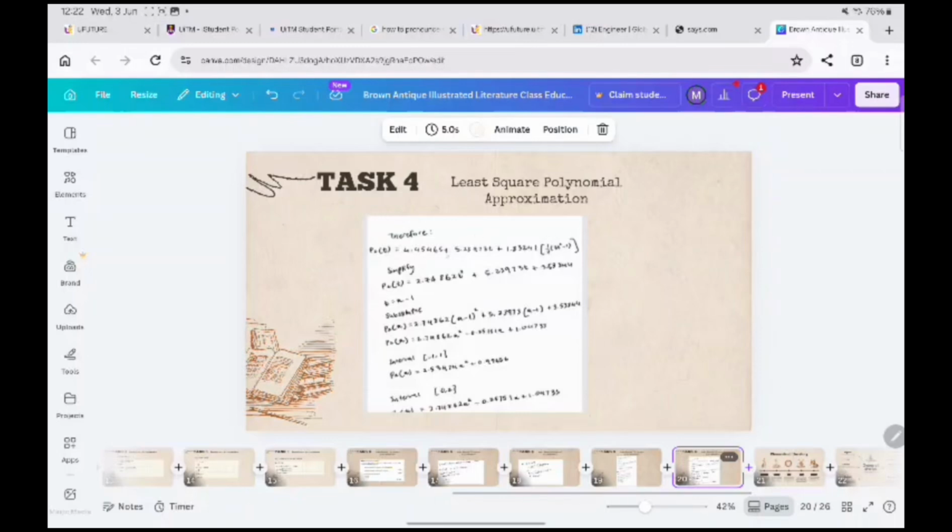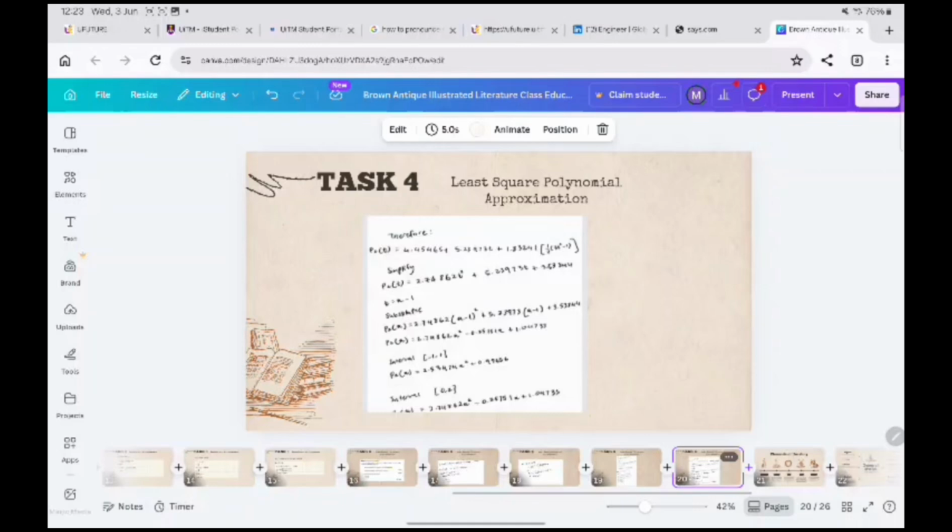After simplifying, 2.74896t squared plus 5.23973t plus 3.53844.